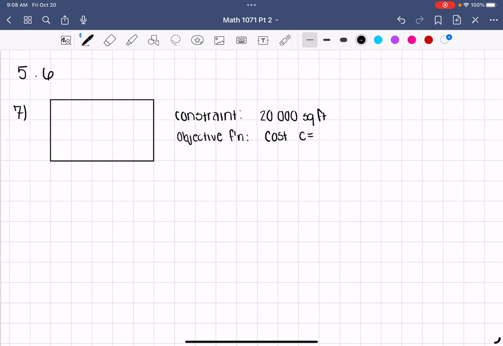And here's the way a mathematician would think about it. But if you just want to put in some numbers, that's okay too.